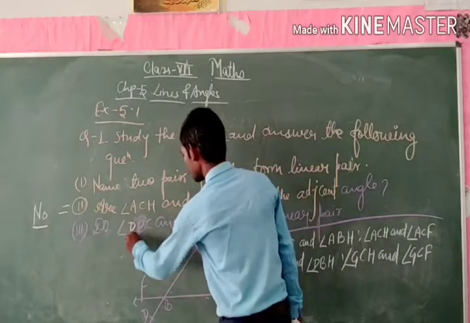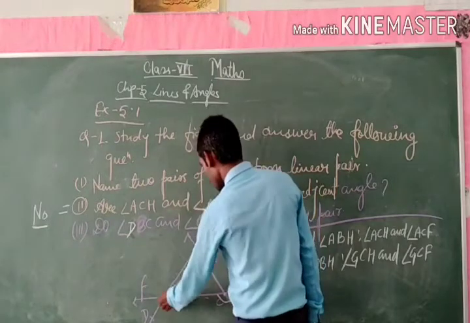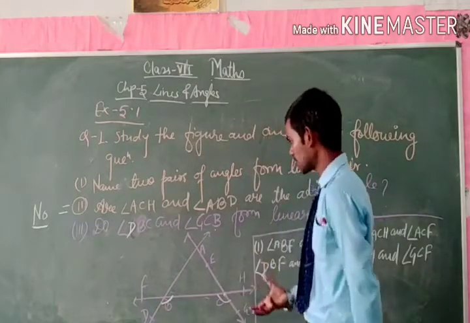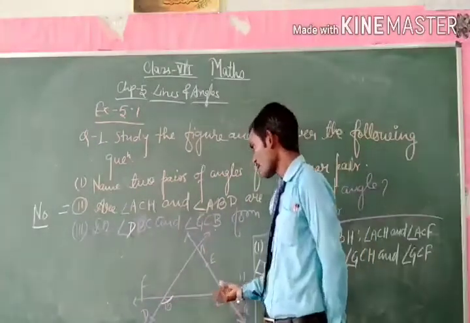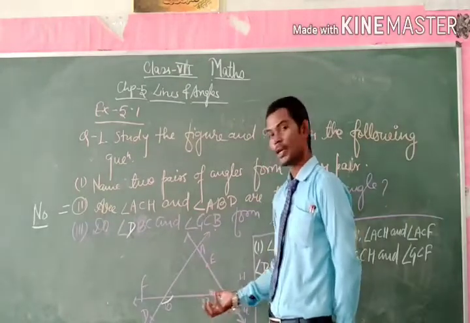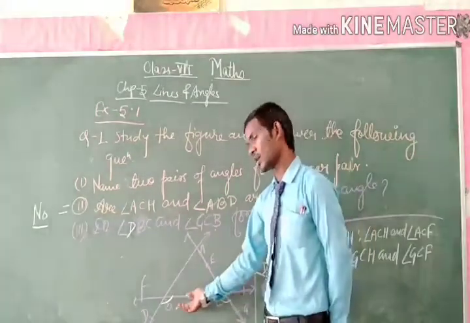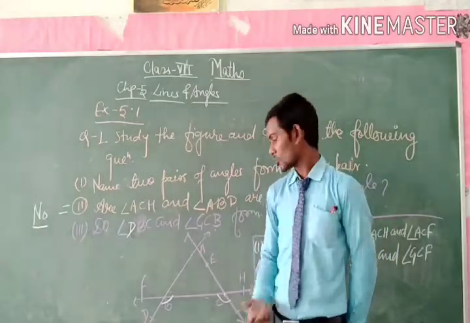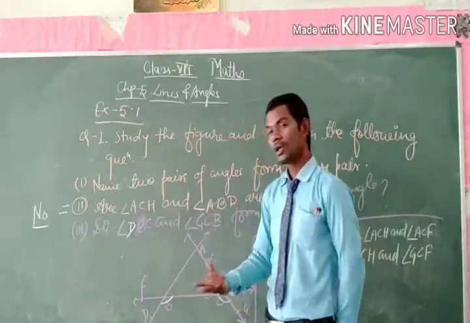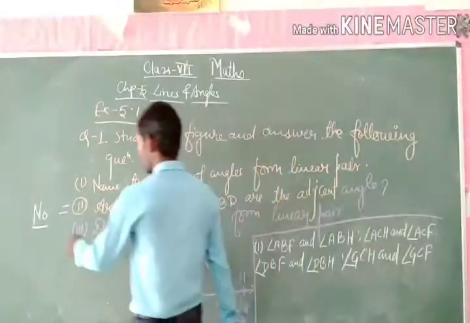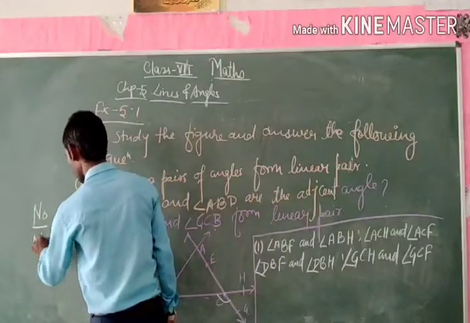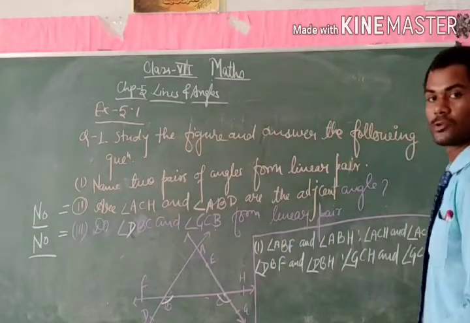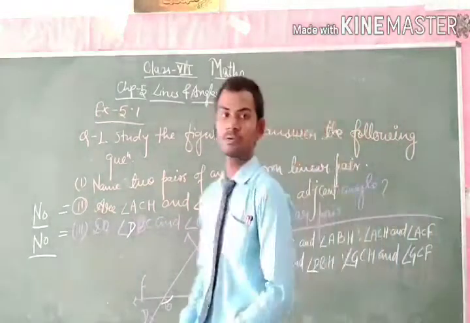Just make it DBC, that is this angle. We have to answer whether these two angles form a linear pair or not. Here we can see that these two angles together cannot be equal to 180 degrees. So they are not forming a linear pair. So our answer will be no. I hope all the answers of this question are clear to everyone.